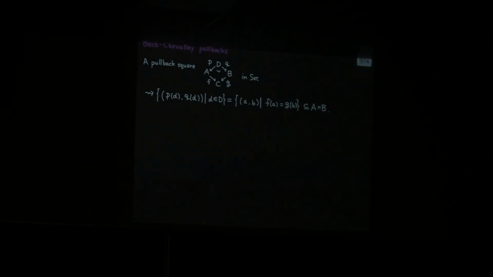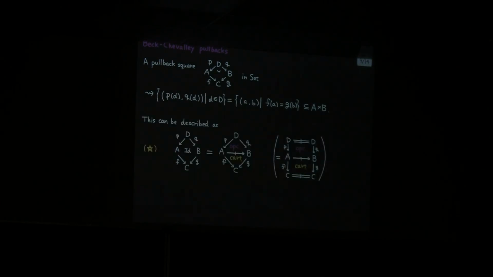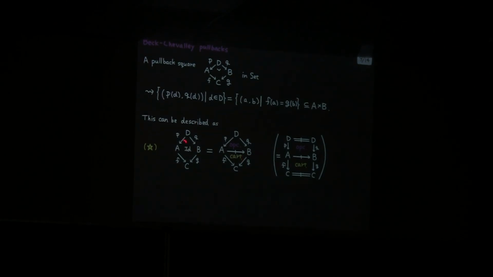And how can we translate this into double categories? Well, we can translate it as the equality of these two cells. The left-hand side is the identity cell on this vertical arrow from D to C. And this one is the composite of an opCartesian and a Cartesian cell.